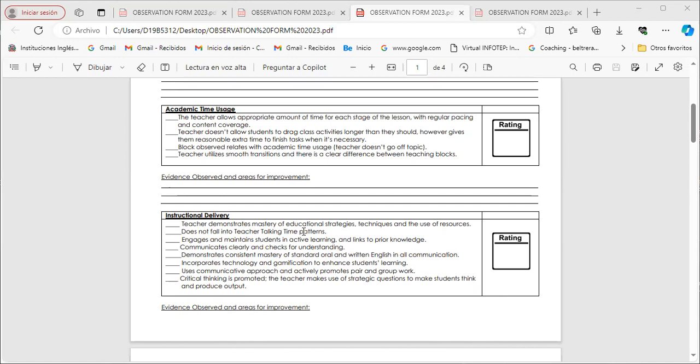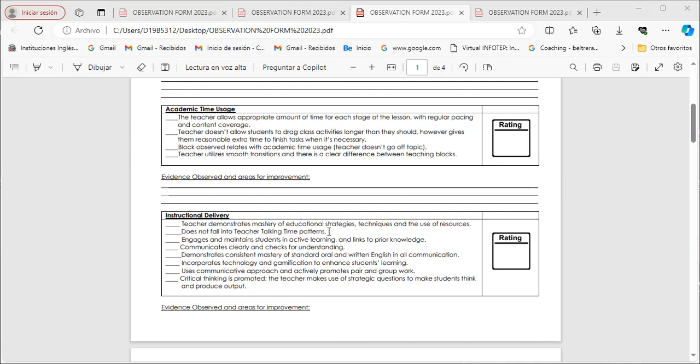So you have to observe the teacher, what strategies he uses to teach, if he uses grouping strategies, approaches to address teaching in a correct way, an easier way for the students to learn and apply the knowledge, and you check it. If the teacher does not fall into teaching talking time patterns, teacher models the class and students talk.